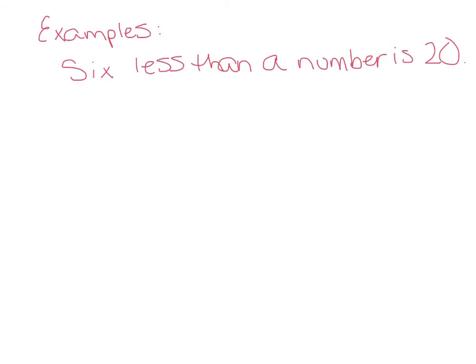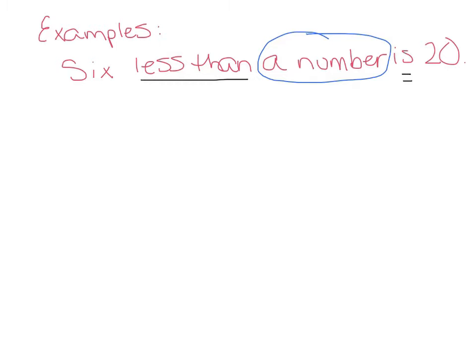What I want you to get in the habit of first is circle your variable. So in this case, what do we not know? We don't know this mystery number right here. Then go ahead and underline some of the parts that you know, the number parts or the operations. It says 6 less than a number is 20. This is our equal, so you can put that in to help you.